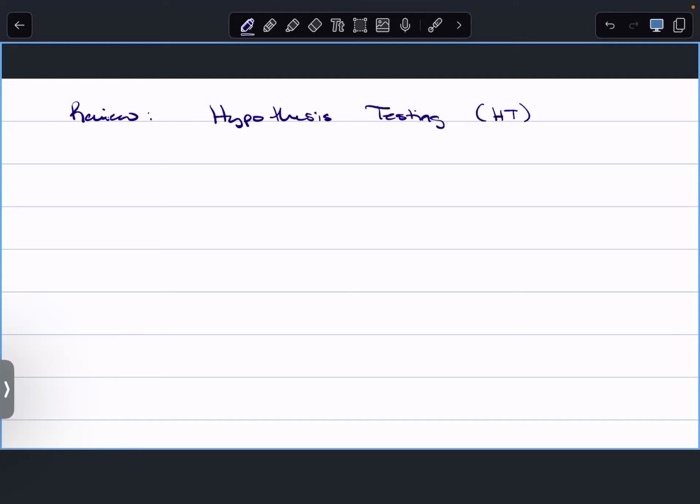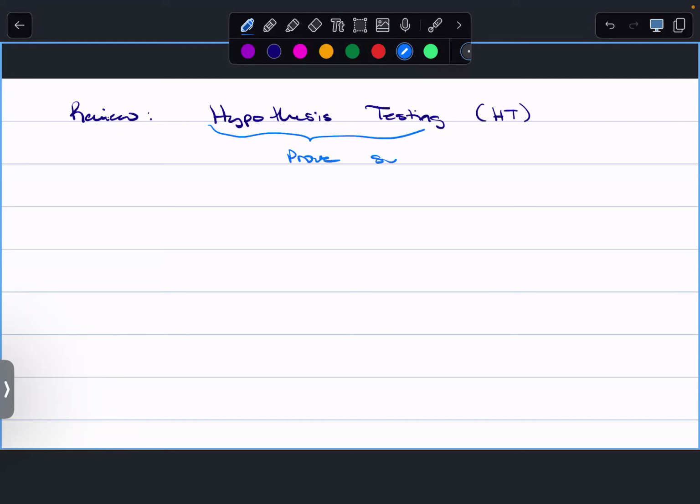It's the formal way of proving a significant difference between two groups, for example, which we'll pretty quickly move into. But really, anything that starts with "is there evidence" is going to be a hypothesis test.